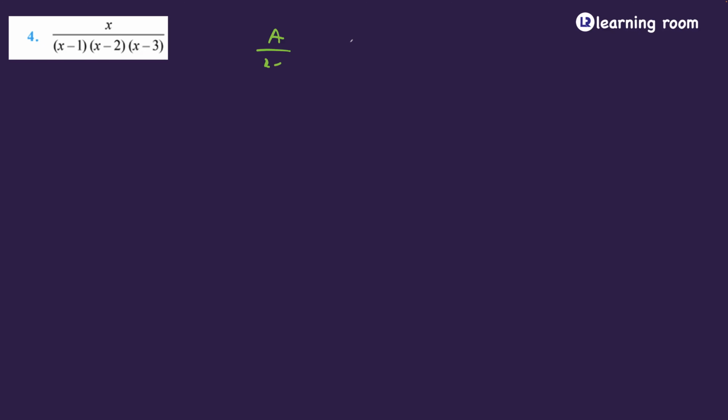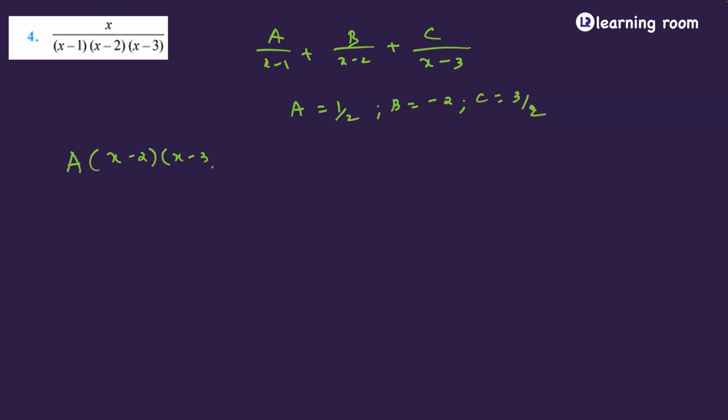So A divided by x minus 1 plus B divided by x minus 2 plus C divided by x minus 3. A is equal to half, B is equal to minus 2 and C is equal to 3 by 2.